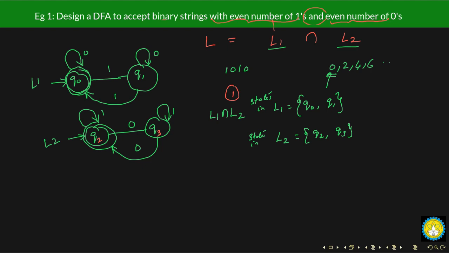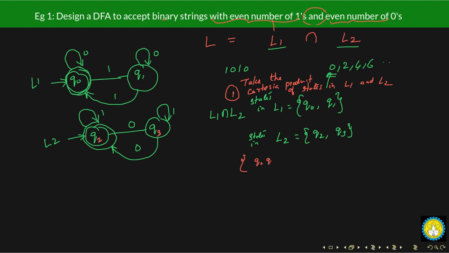Let me write it here. The first step is to take the Cartesian product of states in L1 and L2. So the Cartesian product will be something like this. It will be all the combinations of states in L1 and L2, and that will be Q0, Q2.